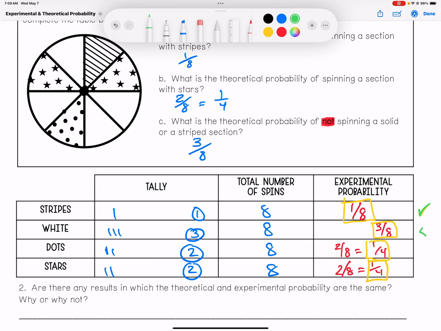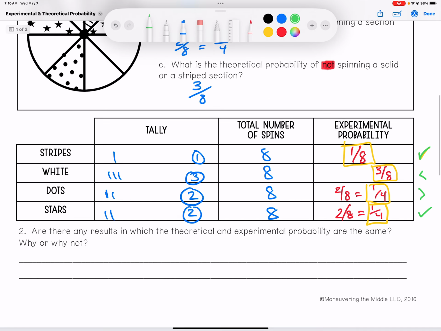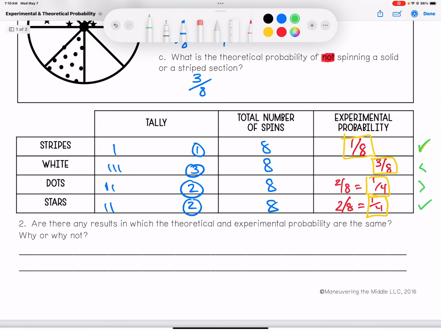Dots should have been 1 out of 8, but it was actually 1 out of 4, which means it was more. And the stars were what they were supposed to be. So we landed on white 1 less time than we should have, and we landed on dots 1 more. That is why it is called random probability.